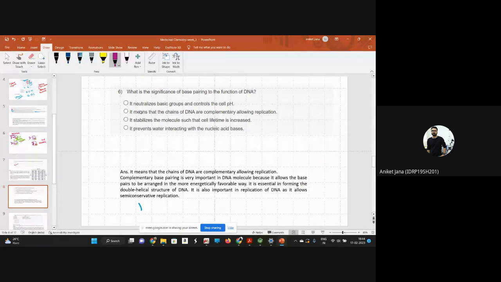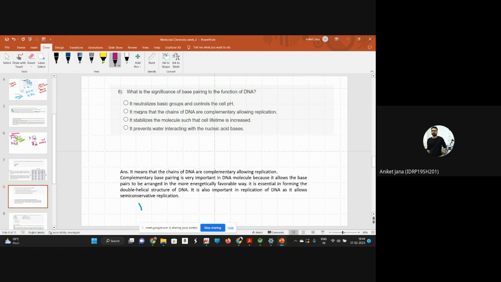Okay, now tell me this one. What is the significance of base pairing to the function of DNA? What is base pairing in DNA? Anybody? A, T, G, C. Yes.